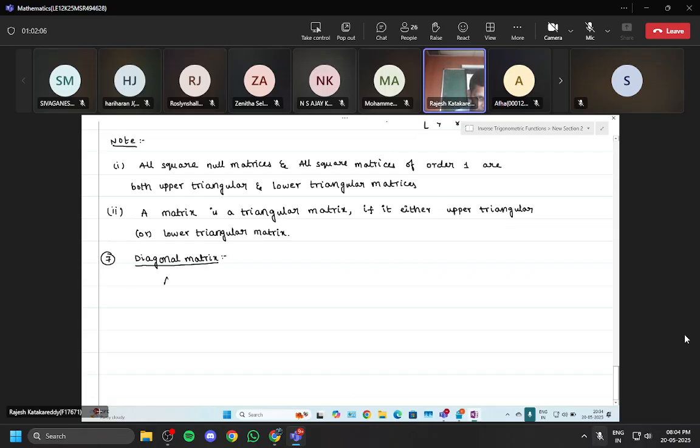Now we are writing the definition of diagonal matrix. A square matrix of order n, M = [Aij] n by n, is said to be a diagonal matrix if Aij = 0 for all i not equal to j.